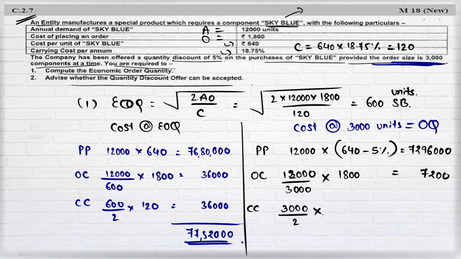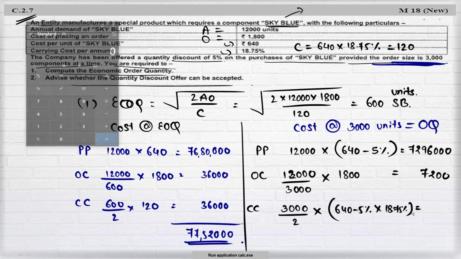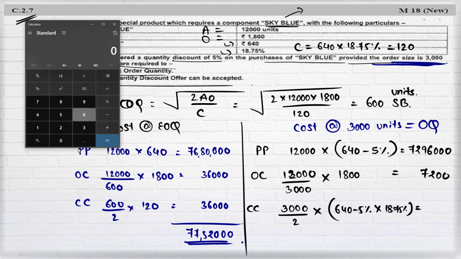Carrying cost is 3,000 divided by 2 multiplied by carrying cost per unit per annum, which changes with the change in purchase price. It is 640 minus 5%, which is 608, multiplied by 18.75%.